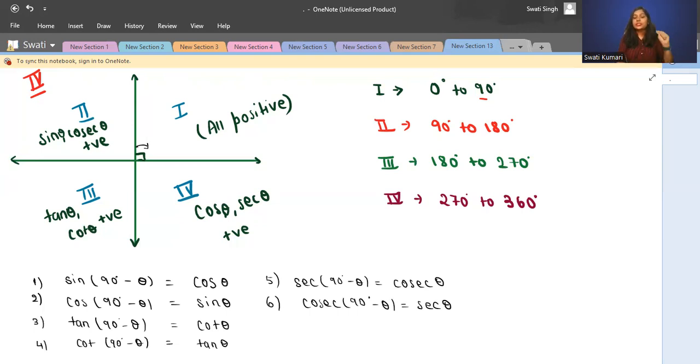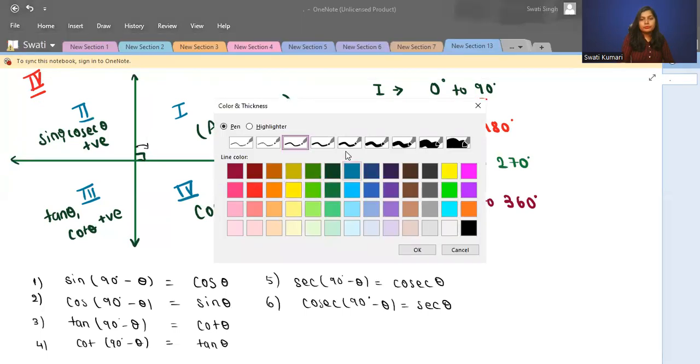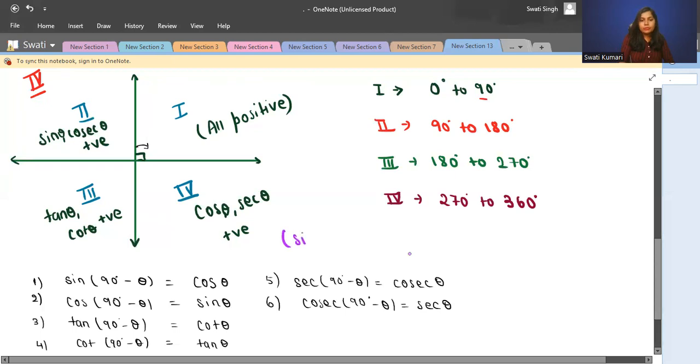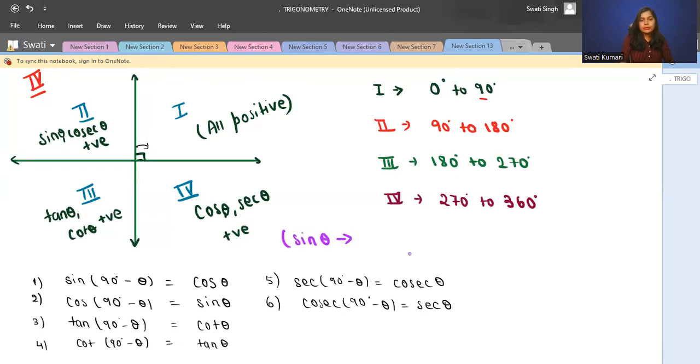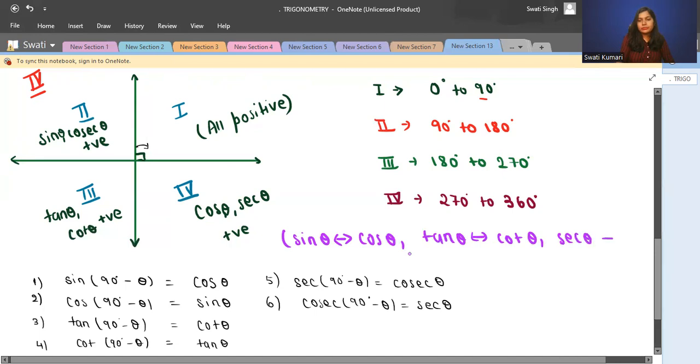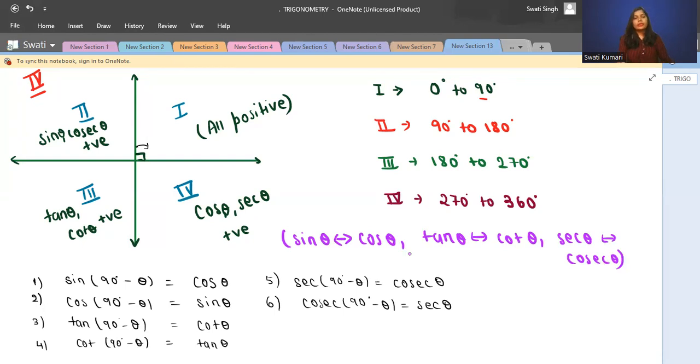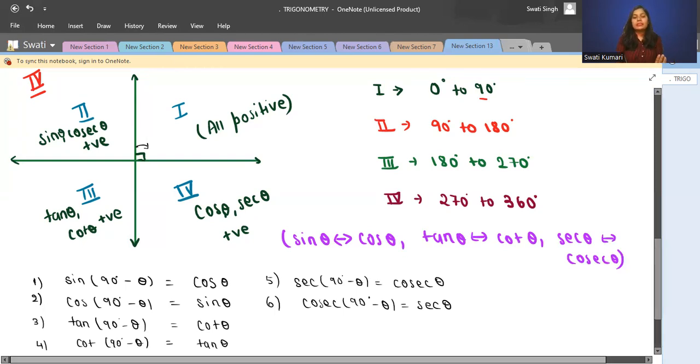You just need to remember, which I'm going to write down here for you, that sine and cos get replaced with each other, tan and cot get replaced with each other, and sec and cosec get replaced with each other. This is what you need to remember. So we are done with 90 degree minus theta till now.